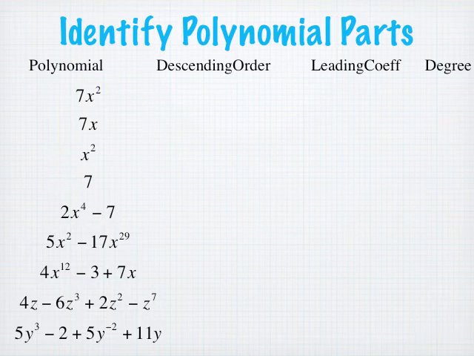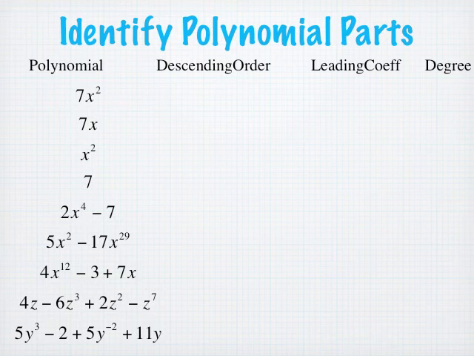Since that first guy has an exponent of 4, he goes first. And the 7, we think of that as having an exponent of 0, so he goes next. For the next one, 5x squared minus 17x to the 29th, I want my x to the 29th to come first, so I'd have negative 17x to the 29th plus 5x squared.